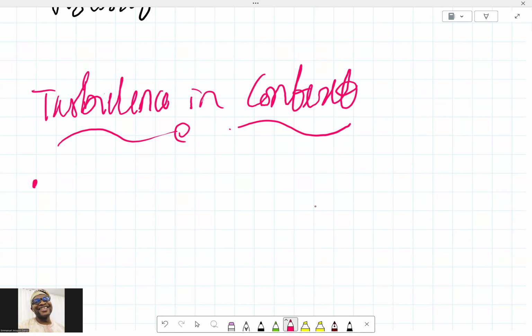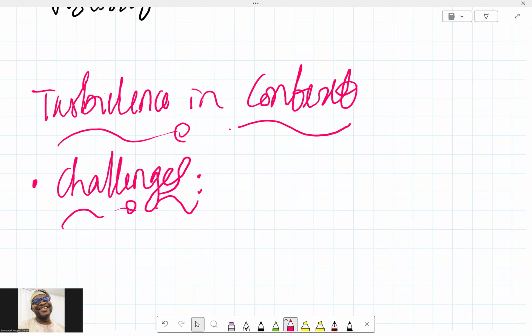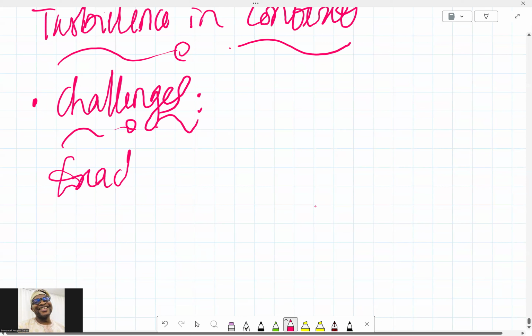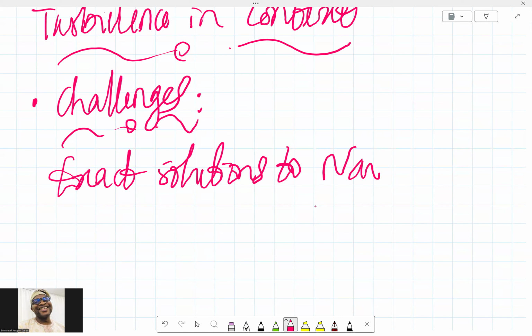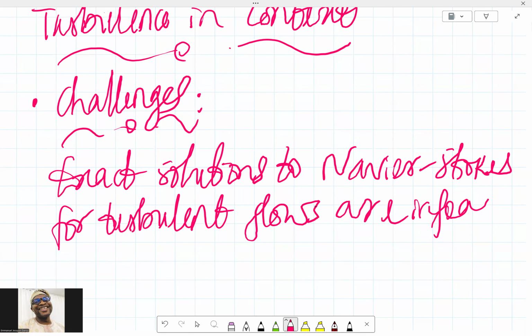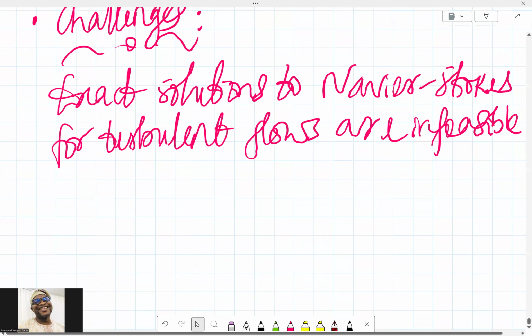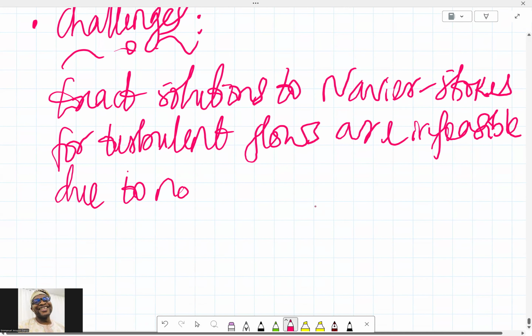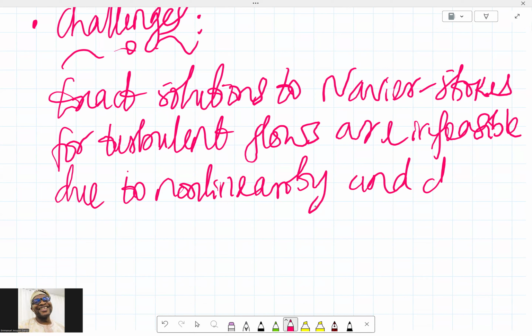So first of all, we have the challenges. Exact solutions to Navier-Stokes for turbulent flows are infeasible, due to non-linearity and chaotic scales.